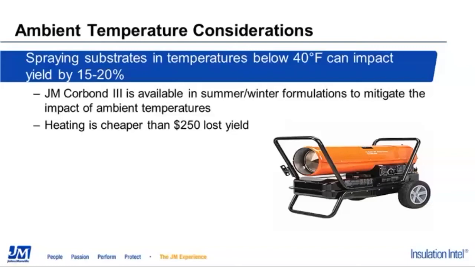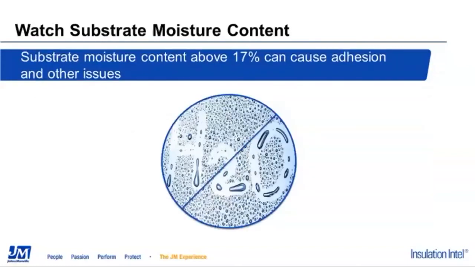The next concern in the ambient environment or substrate environment is having to do with the moisture content of the substrate. Now, this policy or guideline, it's really just exactly that.